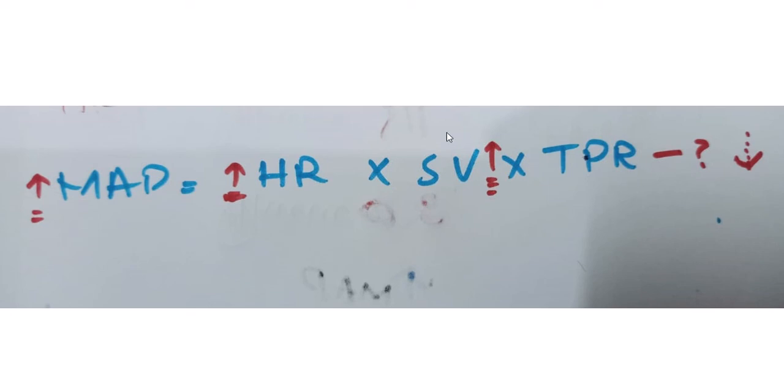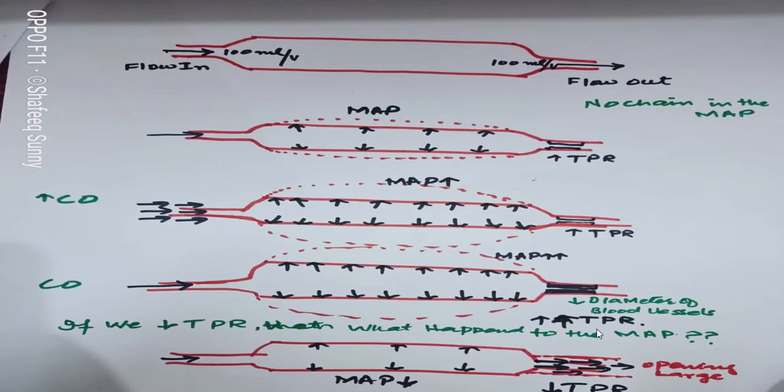As the stroke volume keeps increasing and heart rate keeps increasing, cardiac output keeps increasing, and mean arterial pressure will definitely increase. But to maintain the body blood pressure, the sympathetic system will be activated, and the total peripheral resistance will be decreased. As I mentioned in this diagram, the total peripheral resistance will be decreased as the cardiac output is increased.